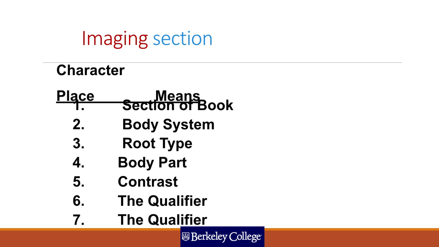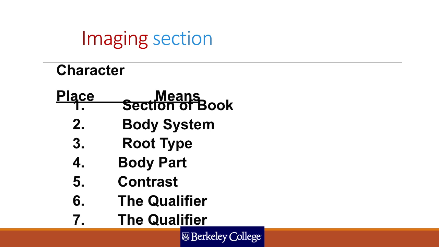And another example of how they change from section to section, here is the imaging section. Yes, it's the same. The first character identifies the section of the book. That's everywhere. The second character, similar to medical and surgical, will identify the body system. But the third character, not root operation term like we saw in the med-surg. In this case, it's the root type. Then fourth, body part, that's familiar.